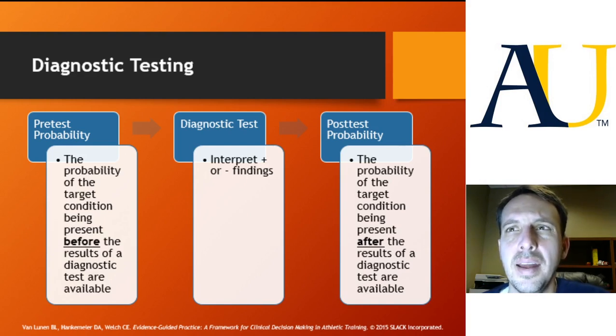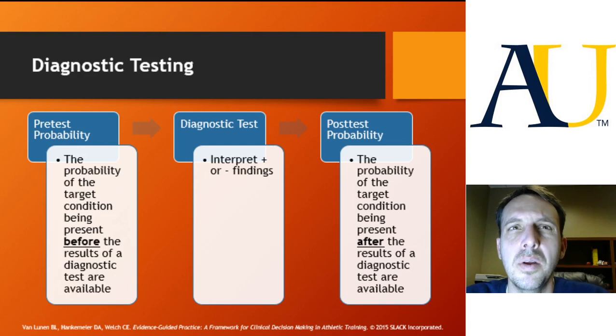We can find that information in the research, with injury surveillance and epidemiology data, which we'll talk about next time. But we can know, based on the individual, their mechanism of injury, and the sport they play, about how probable it is that they've sustained this injury.